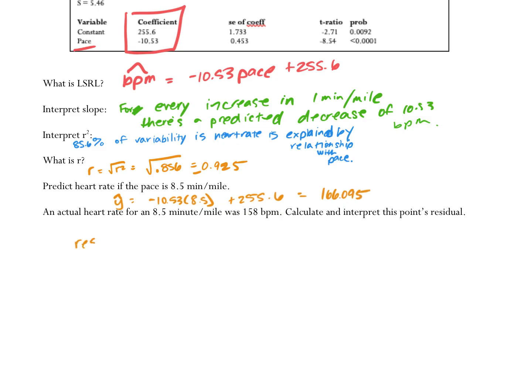So my residual would then be 158 minus 166.095, which would be negative 8.095. So did the model over-predict or under-predict?